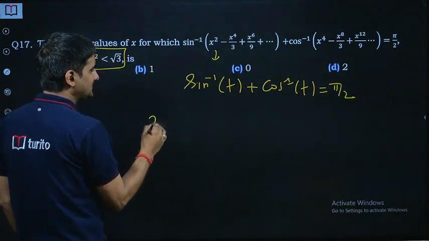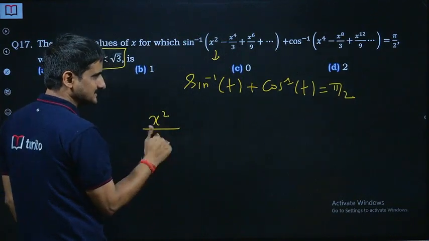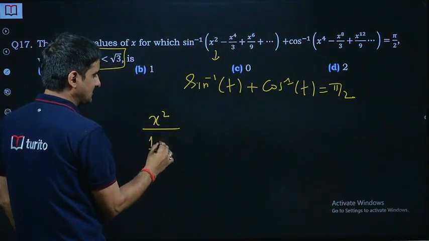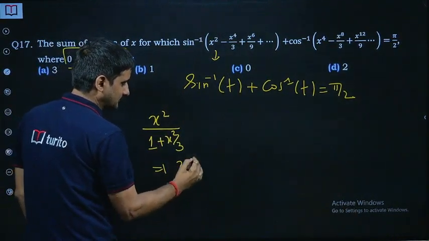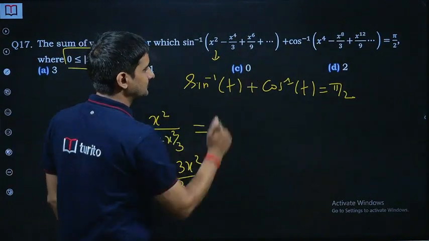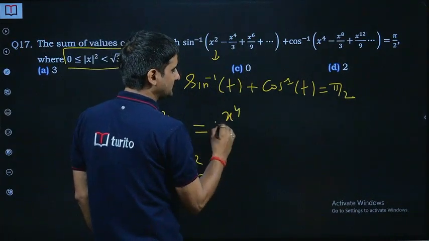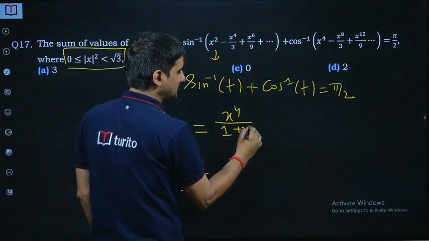So infinite term GP with the first term as x square, common ratio as minus x square by 3, isn't that bachcho? Yeah, so 1 plus x square by 3. So this is nothing but 3x square upon 3 plus x square. Now this should be equal to that one whose first term is x raised to power 4, and then again it is 1 plus x raised to power 4 by 3.